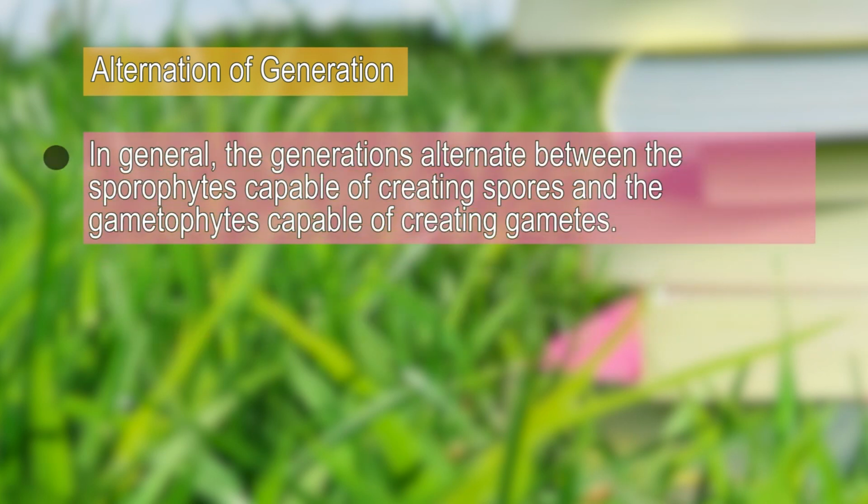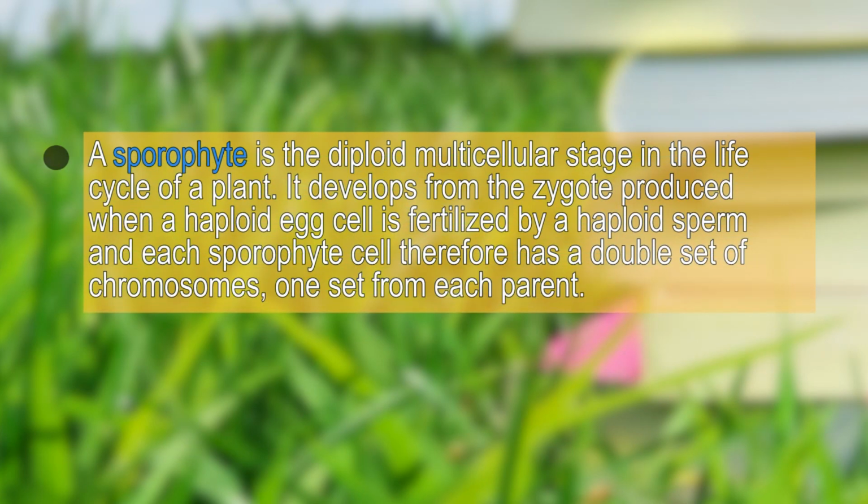In general, the generations alternate between the sporophytes, which are capable of producing spores, and the gametophytes, which produce the gametes. So when we say sporophyte, we mean a diploid multicellular stage in the life cycle of a plant.